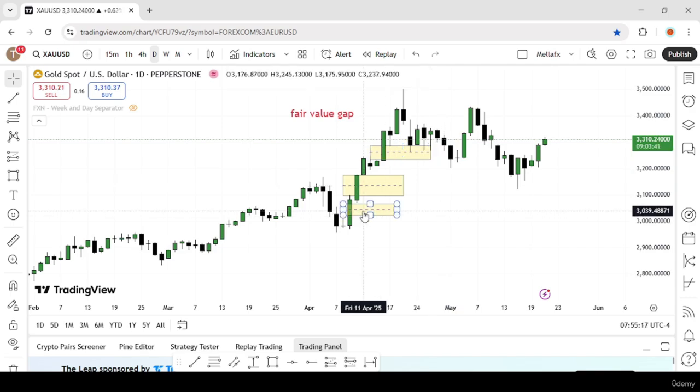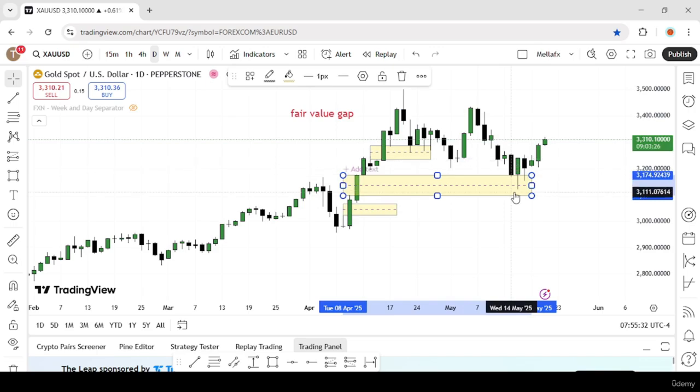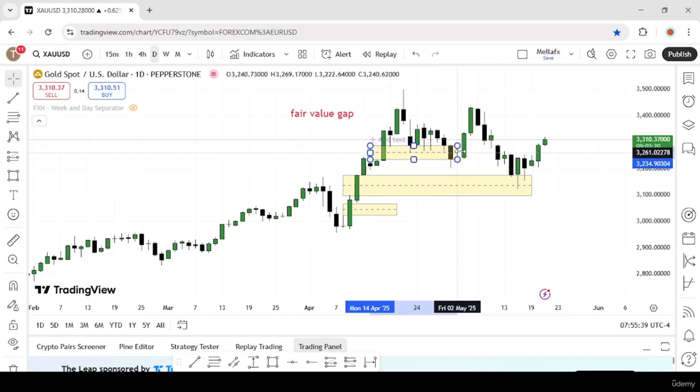Like here, for example, this area has not yet been rebalanced, so there's a level of inefficiency in this area. In the second one here, the market later came and rebalanced inside of it. Here in this area, the market also came and rebalanced.